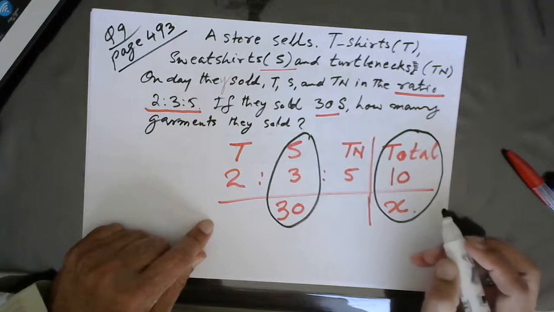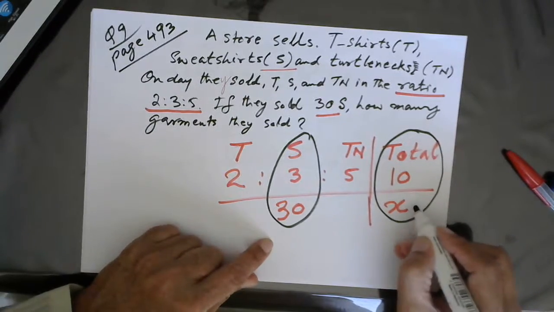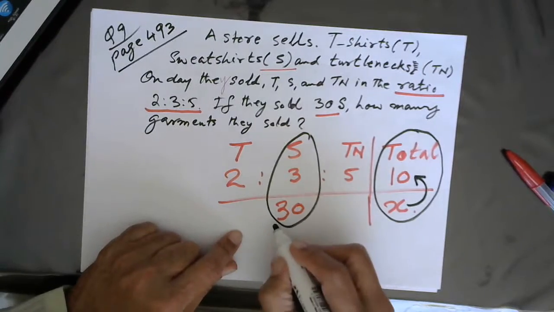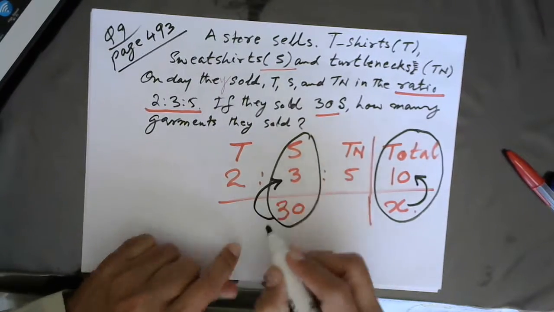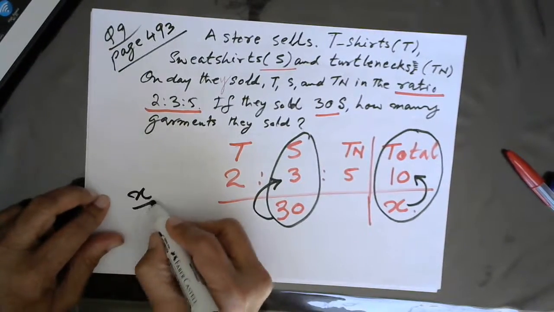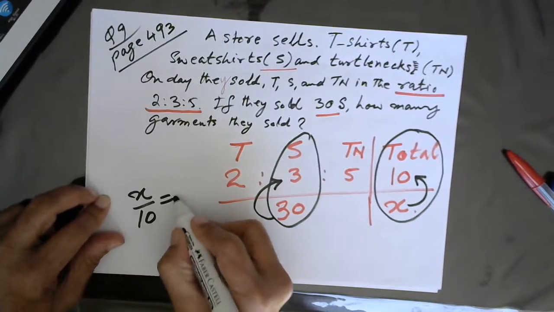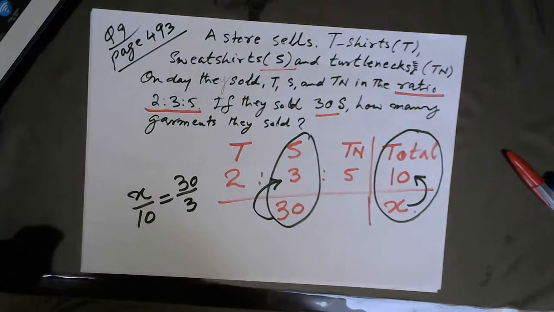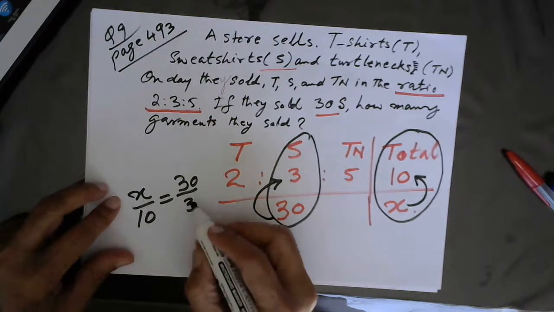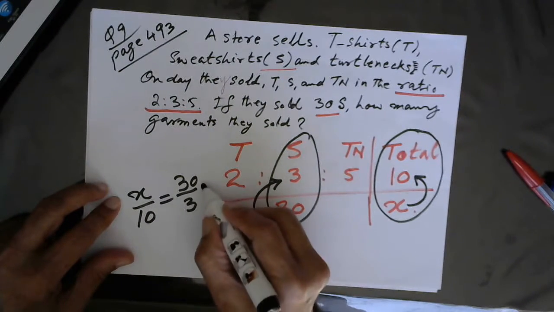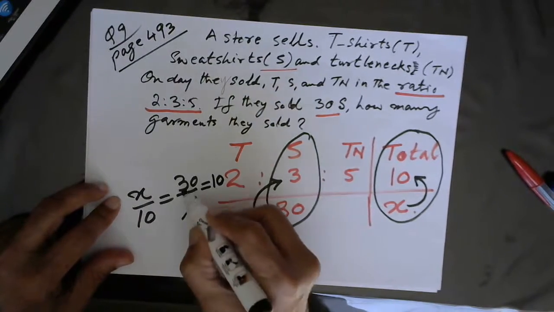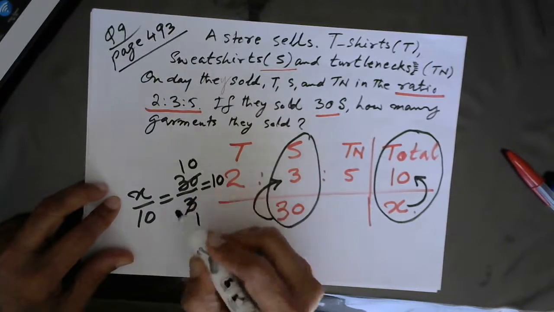Now I can divide X by 10 and 30 by 3. So I will get X by 10 is equal to 30 by 3. Now, 30 by 3 is 10. 3 ones are 3, 3 tens are 30.